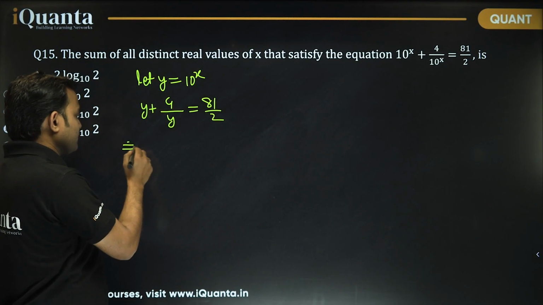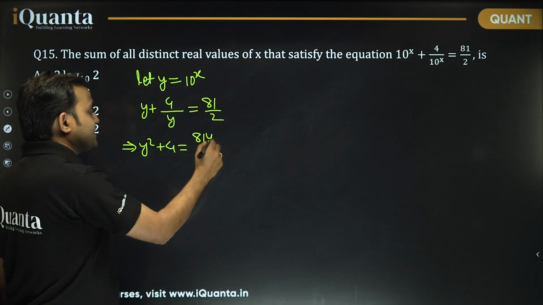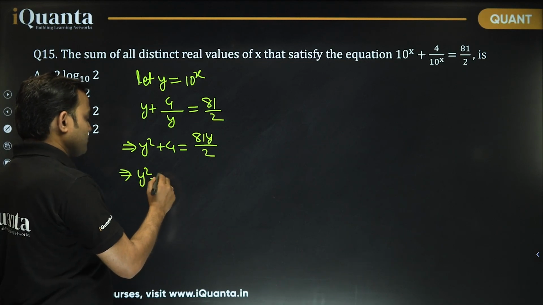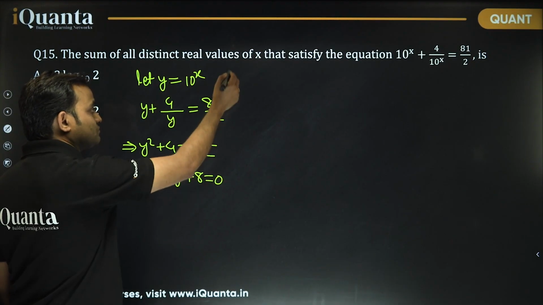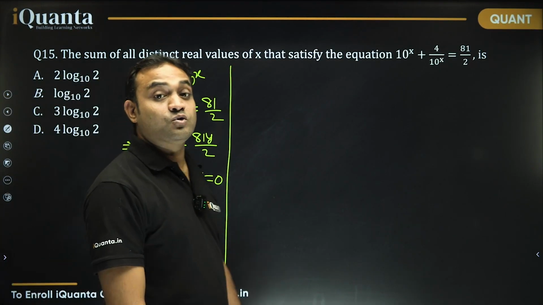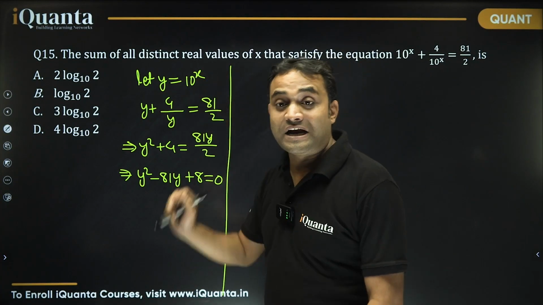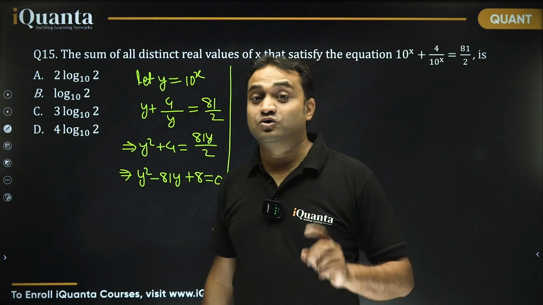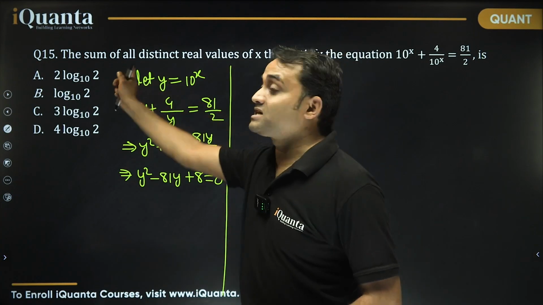So from there we can say y square plus 4 is equal to 81y upon 2, and then we can say y square minus 81y plus 8 will be equal to 0. Now we will have two different values of y from here. Means we will have two different values of 10 to the power x here, right? We need to find those two values of x, then we need to find the sum of those, right?